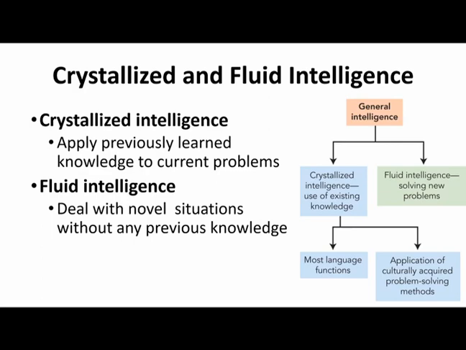For the first of these two subcategories, we can look at crystallized intelligence. And this is basically how you can apply previously learned knowledge to current problems. Things like vocabulary and information tests would be a good measure of crystallized intelligence. And this crystallized intelligence would relate back to people who were experts.